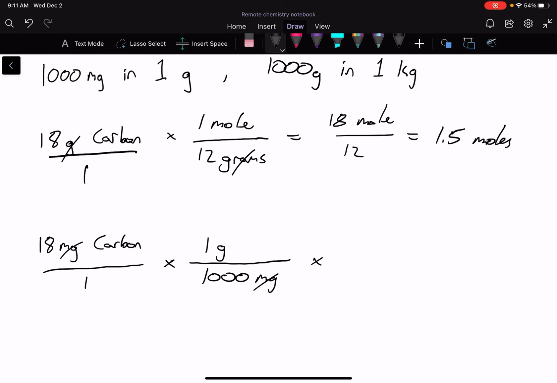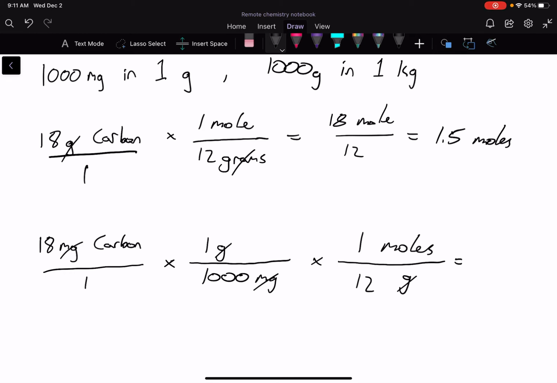Now I'm left with grams, but the end goal of this was to convert this into moles. So now the only units I have left here are grams, but again, I want moles. So moles is going to have to go in the numerator, and then grams is going to have to go into the denominator to cancel these grams out. And again, in 1 mole of carbon, there are 12 grams.